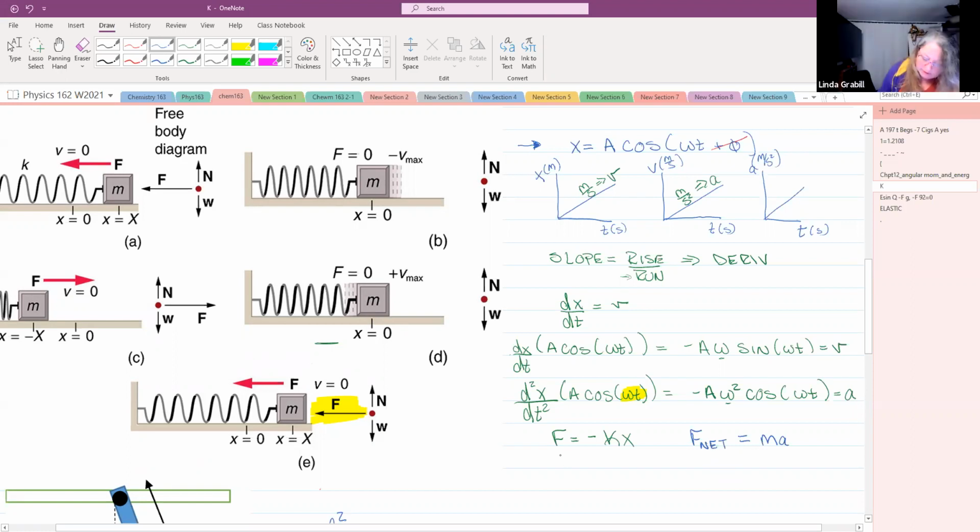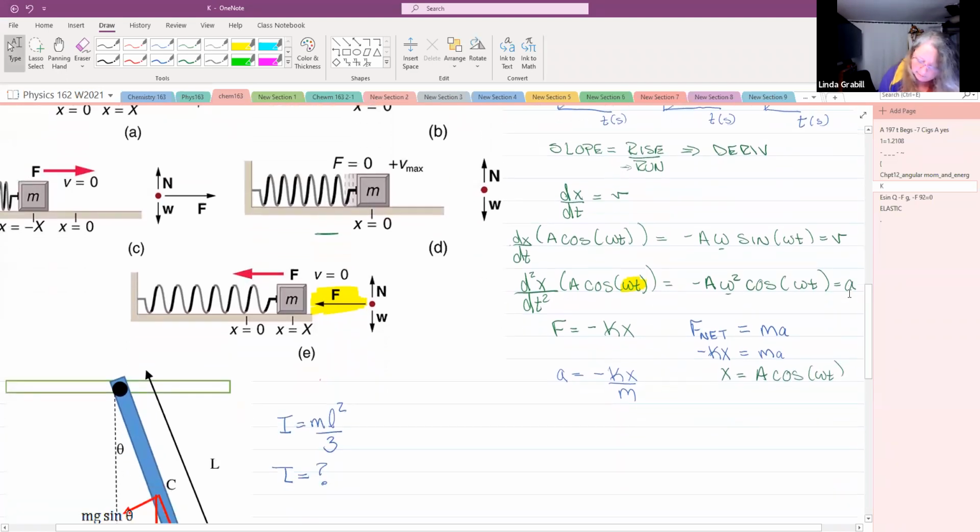So my net force is negative kx, and that means I have mass times acceleration. So I can solve for acceleration: a is negative kx over m. I defined x up above as A cosine omega t.